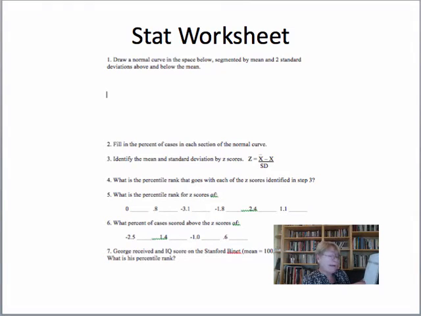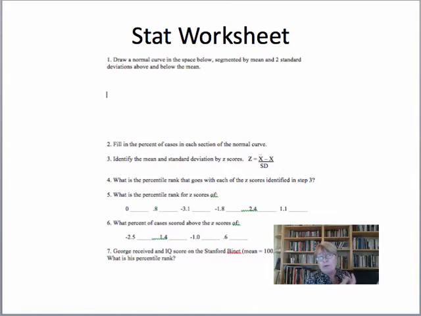Well, I'm going to take my 0.6 and subtract it from 100. Subtract 0.6 from 100, and you should get 99.4. So 99.4% of the cases are scoring above a z-score of negative 2.5.